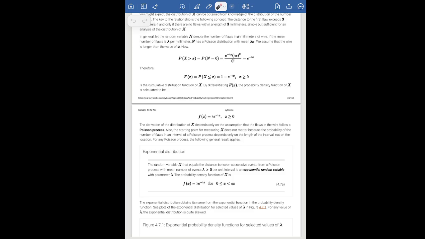Anywho, this is the derivation for how you come down to the exponential distribution.